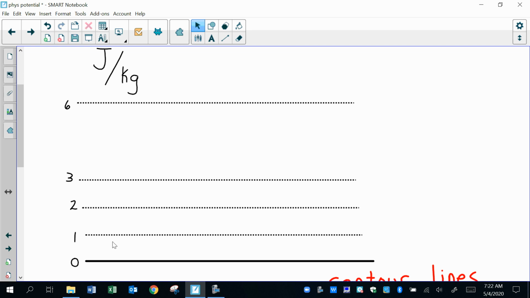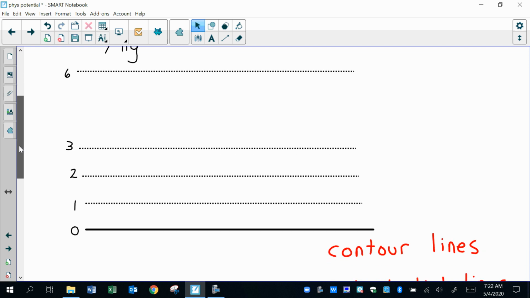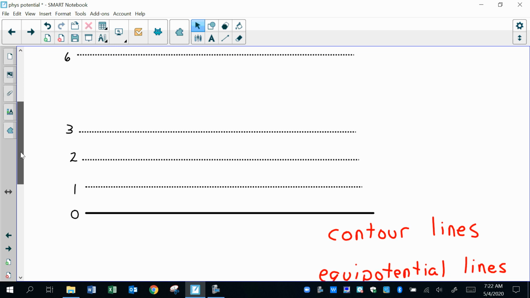And because on Earth we have a nice uniform field, every step up gives me the same exact change from 1 to 2 to 3. I did some copying and pasting and that sort of thing, so I know that this line here is exactly twice the size of that line, so I get up to 6. So these lines show me which height I am at and therefore what my potential is. If I scroll down, we would call these contour lines.